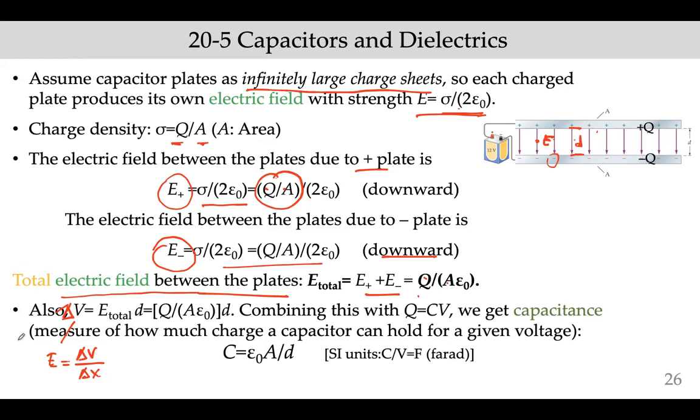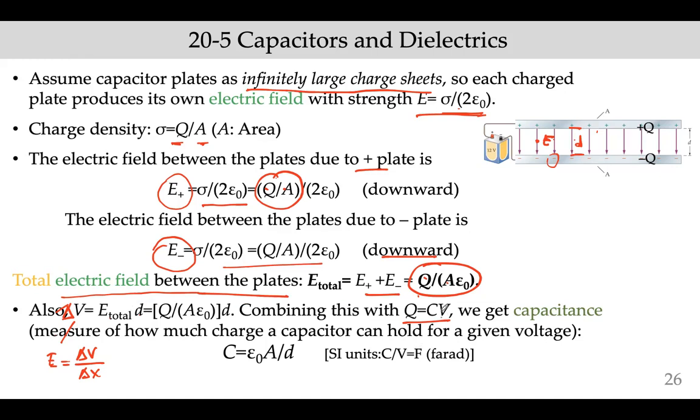Okay, so now here we calculated the electric field to be Q divided by A epsilon 0, and the distance between the plates is D. Now if you combine this with Q equals CV, which is something that we just learned, now we can get a formula for capacitance from here.